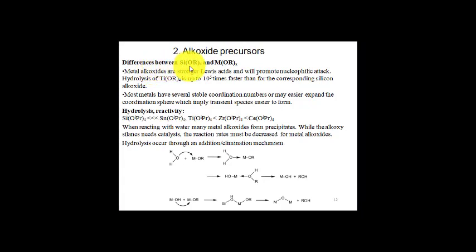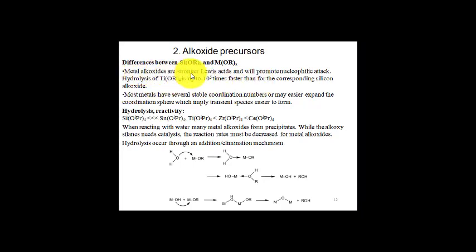There are some differences between silicon alkoxide and metal alkoxide. Metal alkoxides are stronger Lewis acids and will promote nucleophilic attack. Hydrolysis of titanium alkoxide is up to 10^5 times faster than for the corresponding silicon alkoxide.